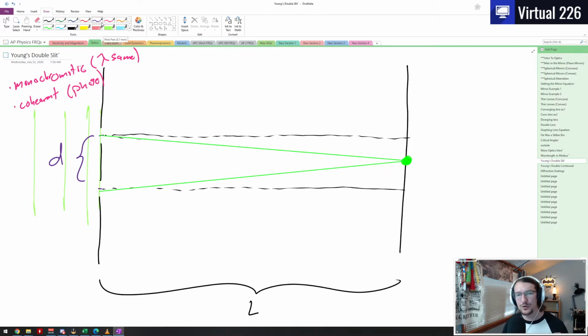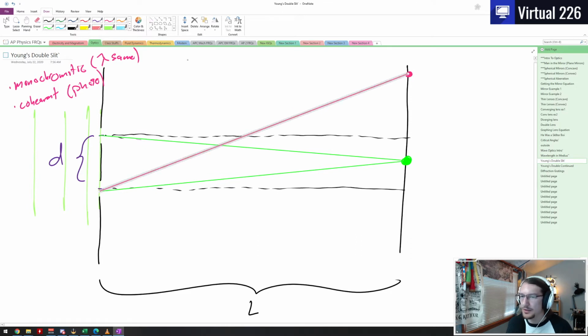On the flip side, and we're still going to pretend that this light is green, but I'm going to draw it in a different color so that we can see what is going on here. Let's look at way up here on the viewing screen. If we go from the bottom slit up to this viewing point, or from the top slit up to the viewing point, it's pretty readily apparent that these lines have different lengths.